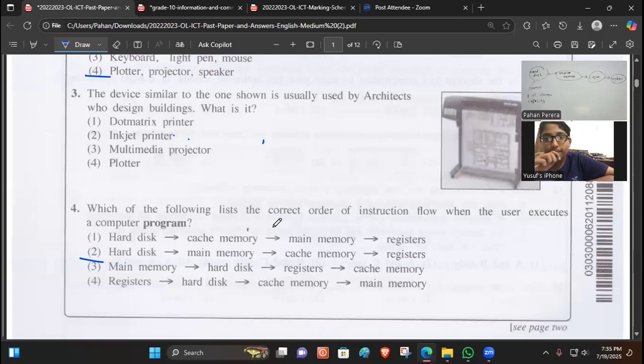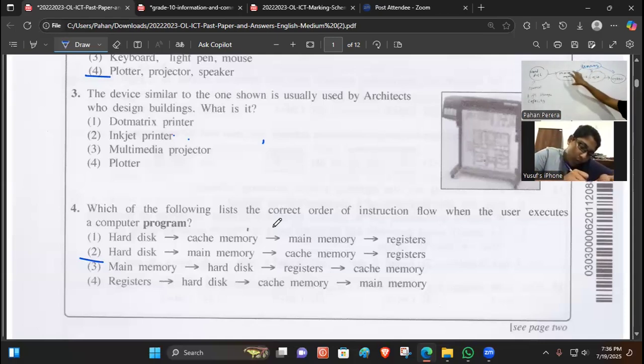Then we consider the main memory, cache and register. All of these are temporary. That means they can't store things permanently. Then we call them volatile memory and non-volatile memory.